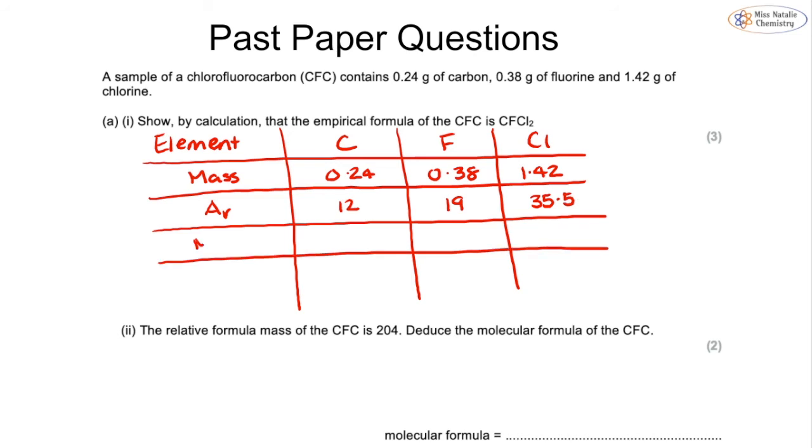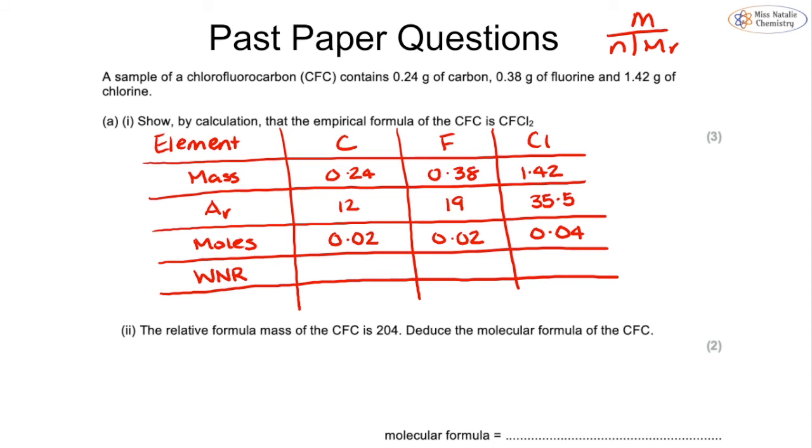When I calculate my number of moles, and remember that would be from our mole triangle, so doing our mass divided by our MR, we would get 0.02, 0.02, and 0.04. Now we want to change that into our whole number ratio, and I've just put WNR for the sake of the space here.